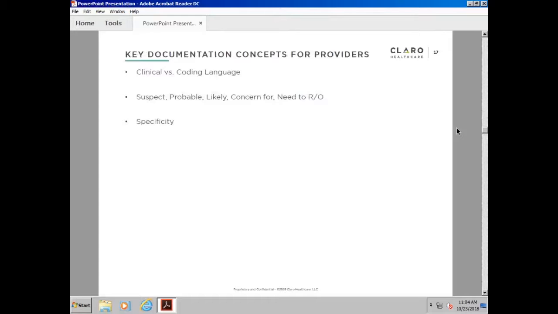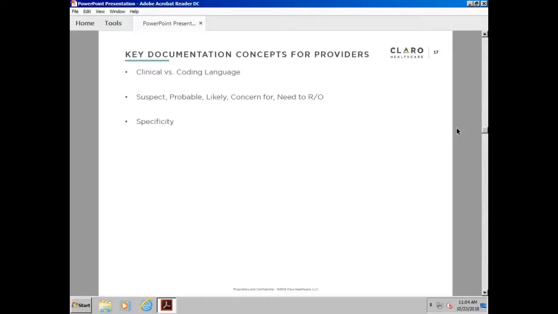Suspect, probable, likely, concern for, need to rule out are definitely needed to be used more, and we really encourage that in your differential. We know that you bill for certain diagnoses, but your differential helps support your evaluation management level.